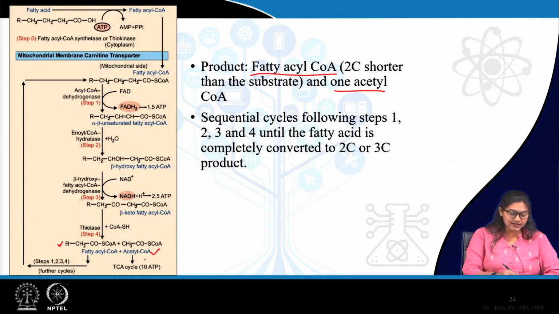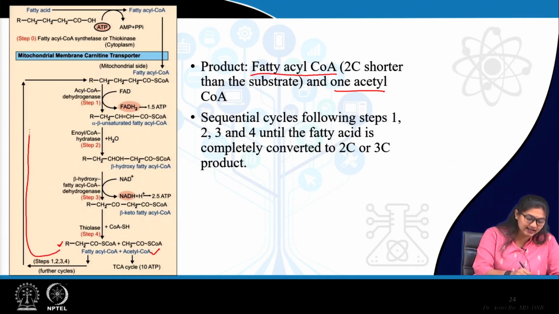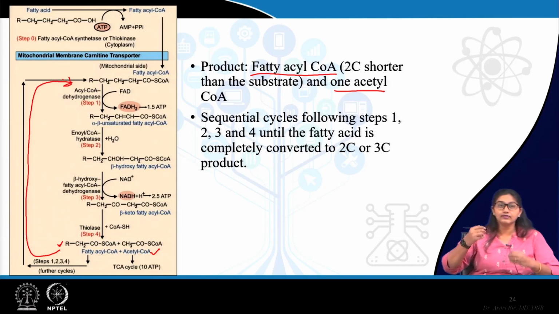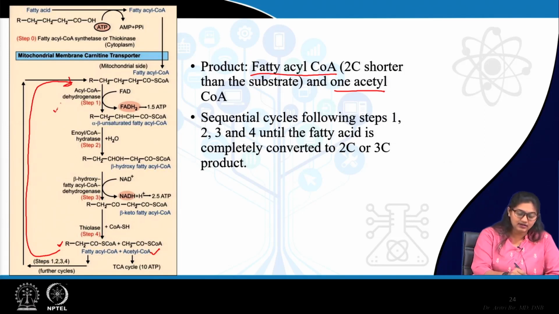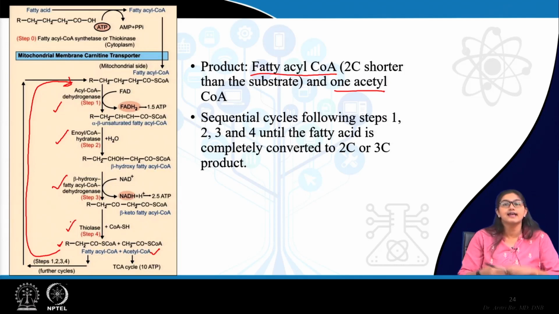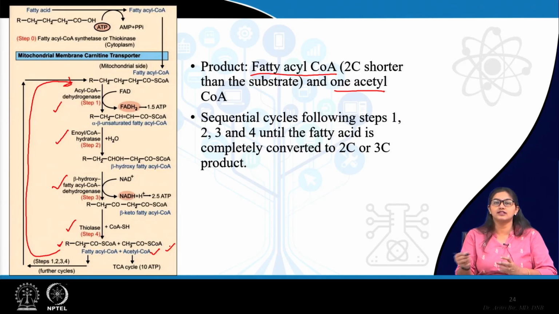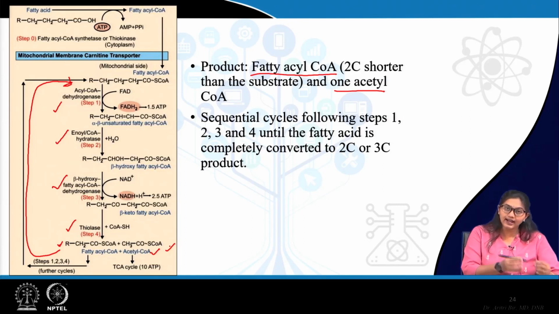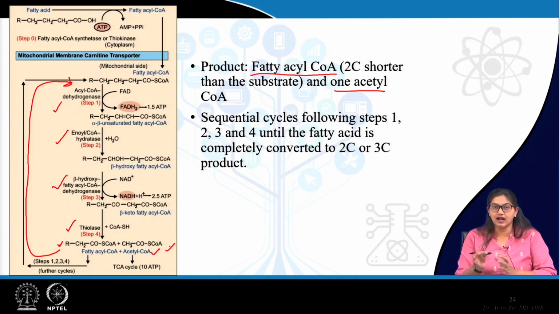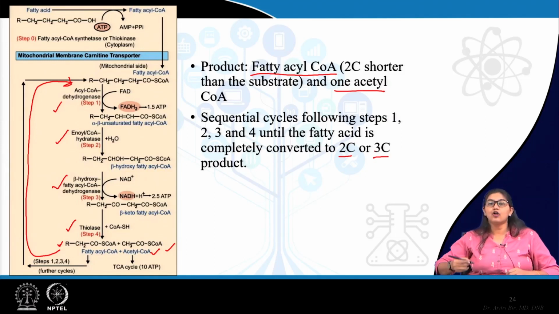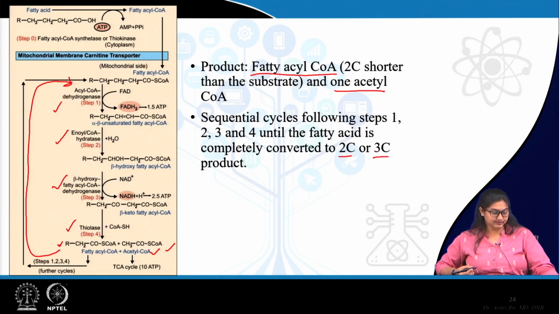Now, this substrate once again enters dehydrogenation, hydration, again dehydrogenation, again thiolytic cleavage. So, there is release of another molecule of 2 carbon acetyl coenzyme A, and again the substrate enters this cycle till all the products are broken down to either 2 carbon or 3 carbon compounds. So, that is called the beta oxidation cycle.